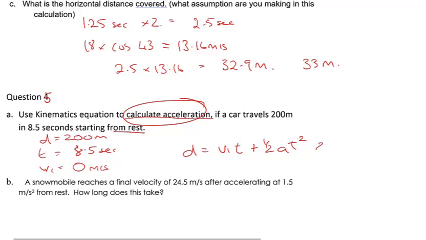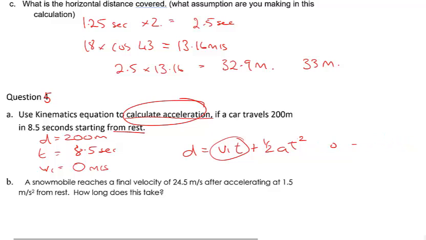So that means 200 meters. Now the initial velocity is 0, so this is going to end up being 0. So it just equals 0 plus half times A times T squared. Now the T is 8.5.